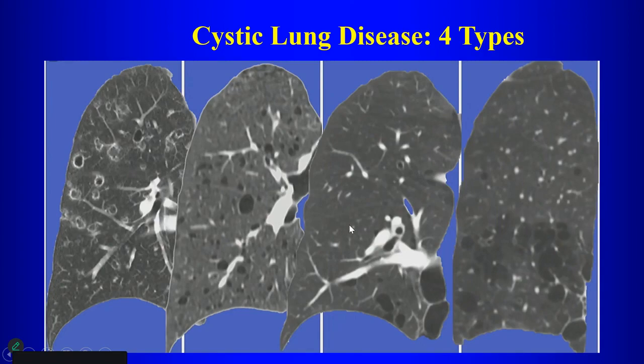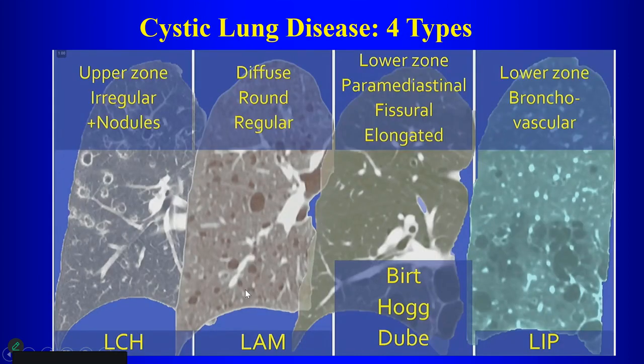So just as an aside, cystic lung diseases. So what are diseases that can give you cystic lung diseases? Well, we've covered 3 of them already. What are the 3? LCH, LAM, and Birt-Hogg-Dubé. Right?